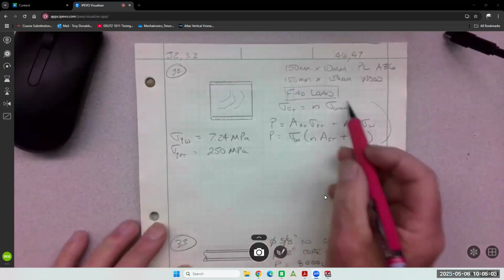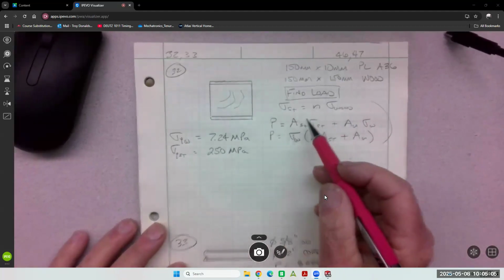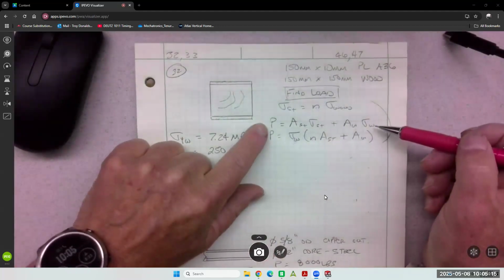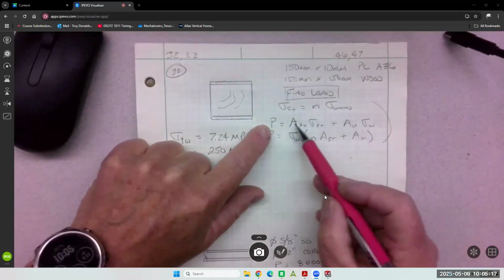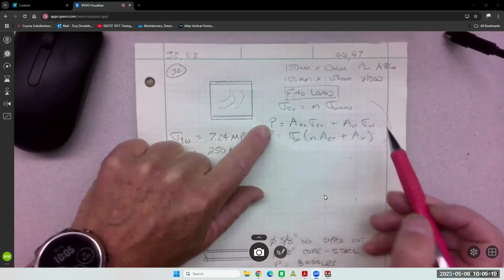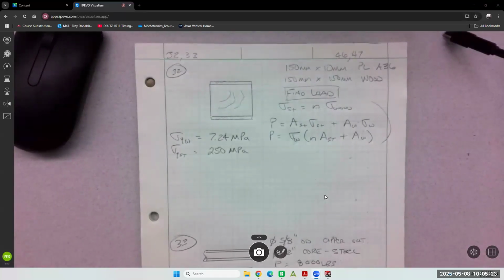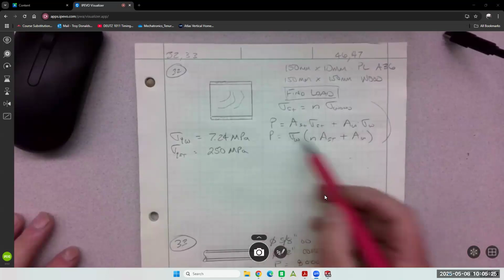If the question was, what's the stress in the material, then we would be thinking more about stresses than this load. We have two load equations, areas of each and then stresses of each. If for some reason you knew the stress levels, then you could work through that.